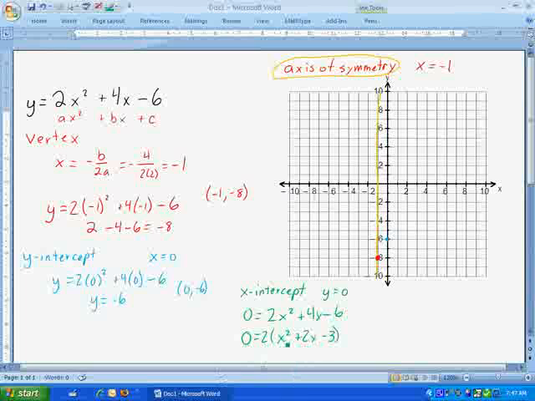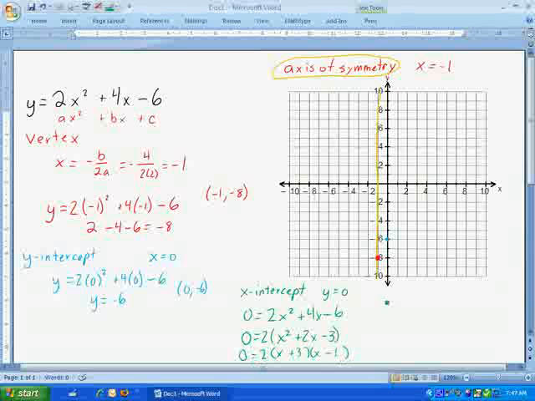So now we will factor that trinomial, which should end up giving us, we'll put the x's in front, and then I'm going to have a plus 3 and a minus 1. Don't forget the 2 in front. It's still there. Now from this point I have 3 things that multiply together to give me 0.